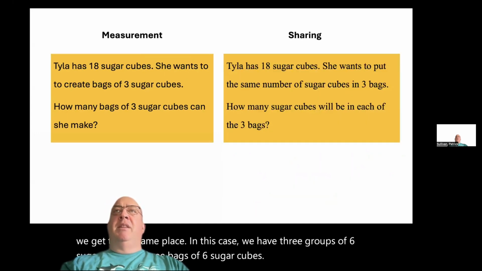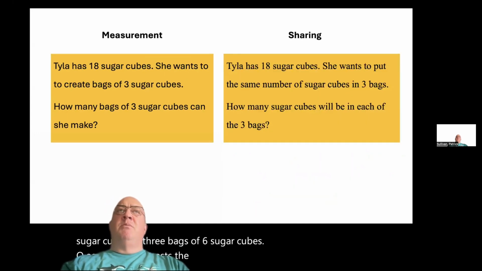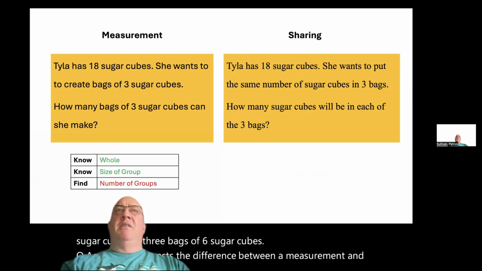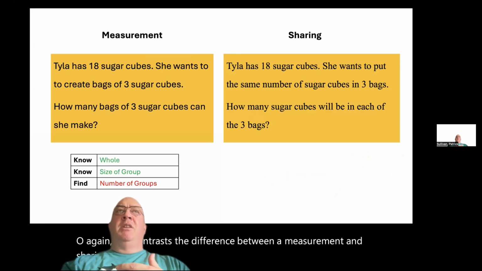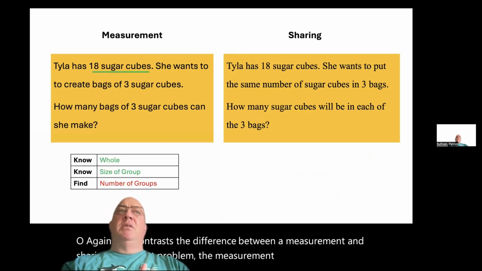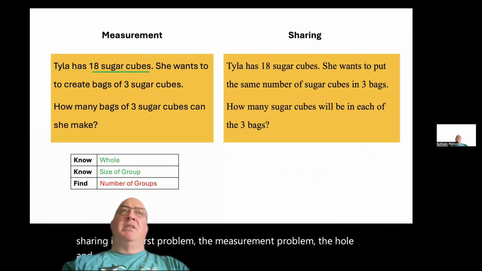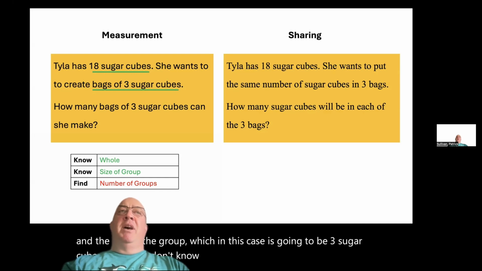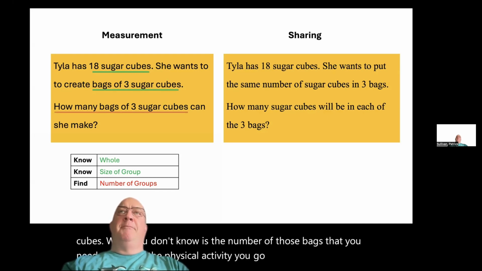So again, this contrasts the difference between measurement and sharing. In the first problem, the measurement problem, you know the whole and you know the size of the group, which in this case is three sugar cubes. What you don't know is the number of those bags that you need, and that's the physical activity you go through to determine that.